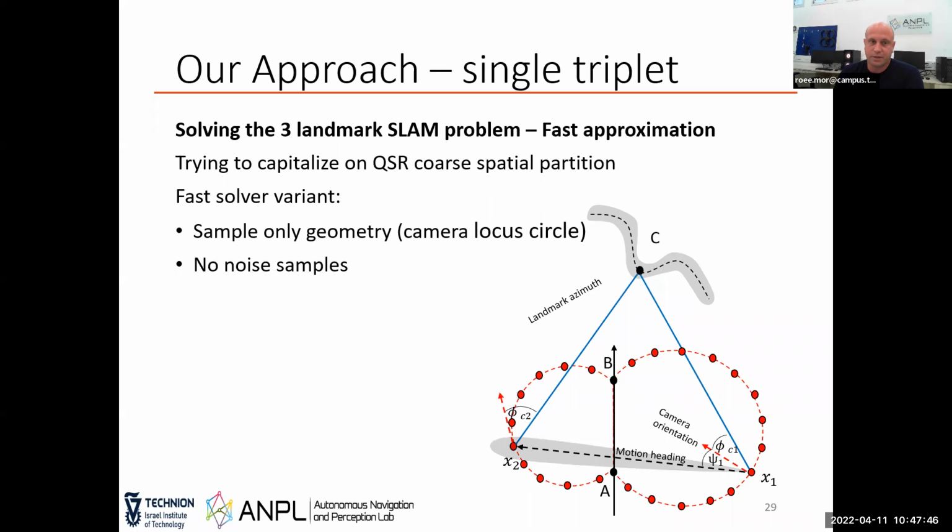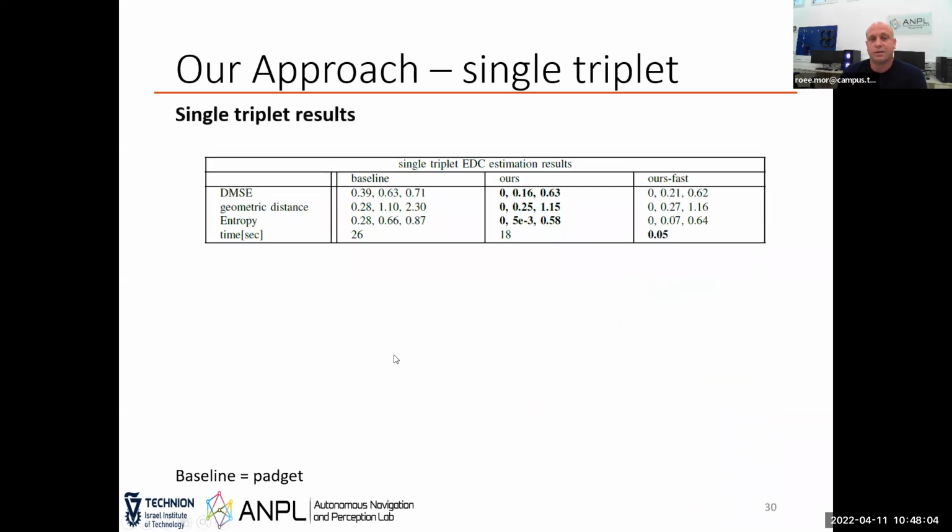So this makes the inference much faster because we have many times fewer samples, and because we just care about the qualitative state and not the metric state, the performance is very similar. So this is an example.